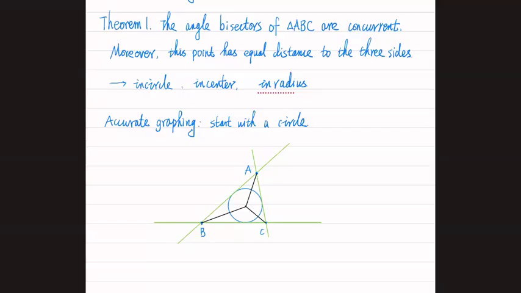Now we can show that these three segments are the angle bisectors of the triangle.